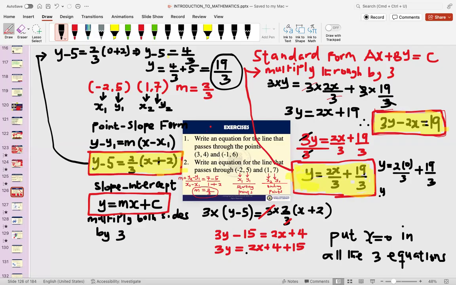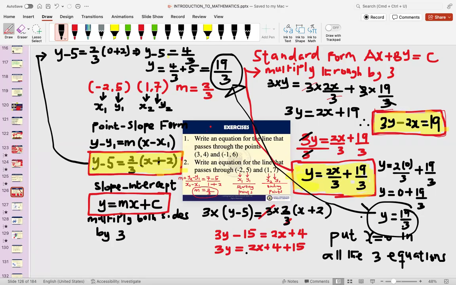So we have y equals 0 times any number is 0. 0 plus 19 over 3. Finally, we have y equals 19 over 3. So look at the answer. It's the same thing we had here. 19 over 3, 19 over 3.